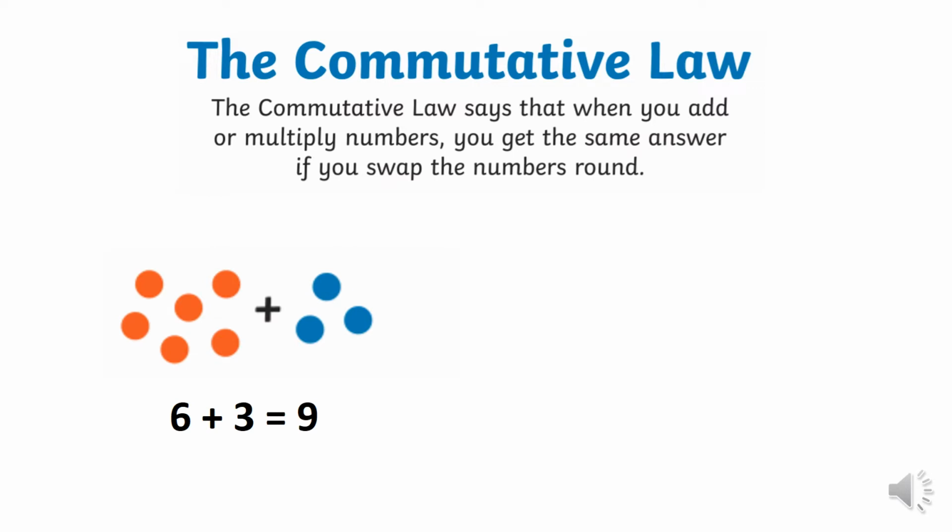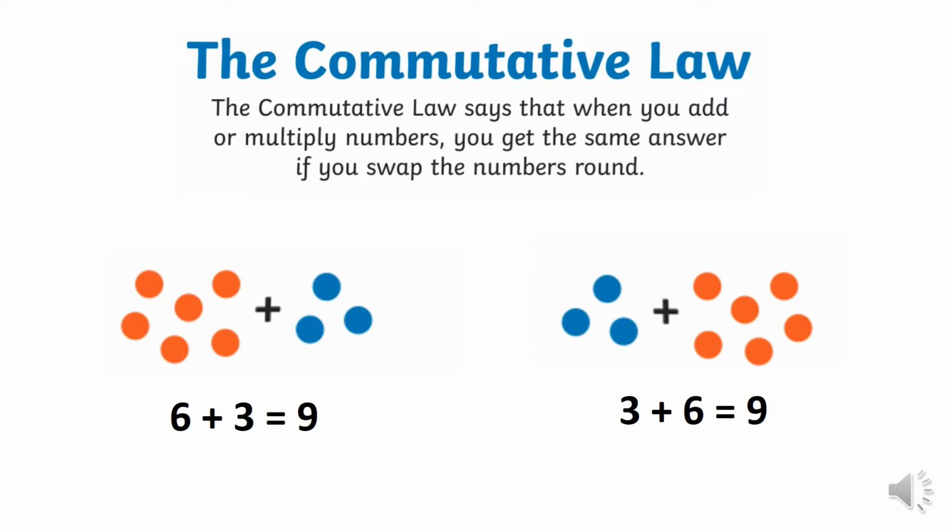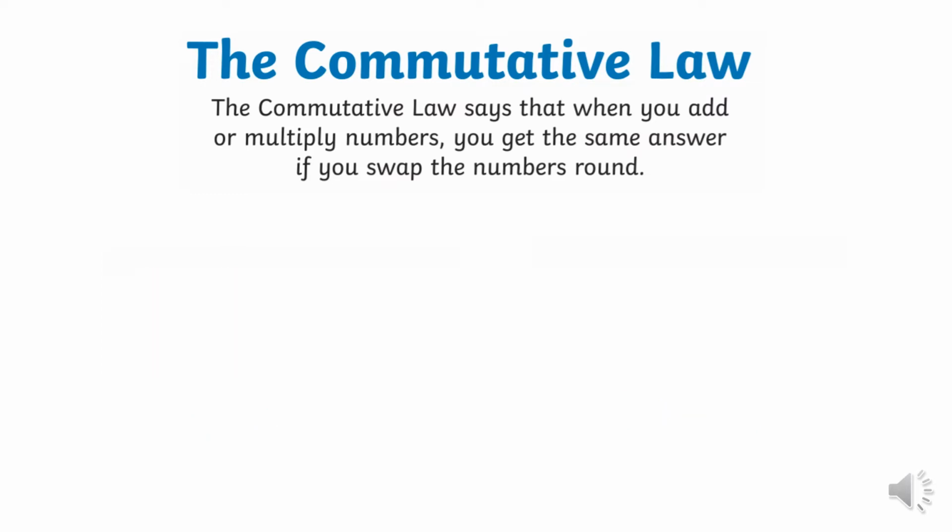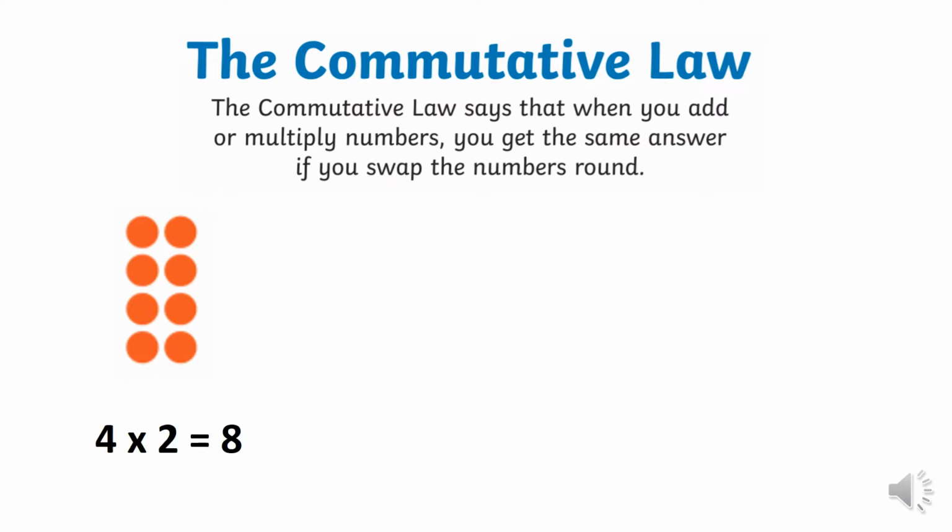So here we've got 6 plus 3 equals 9. And here we've got 3 plus 6 equals 9. So we just swapped around the parts, but the whole stays the same. Now, I know we're not thinking about addition today. We're thinking about multiplication. So here we've got 4 times 2 equals 8.